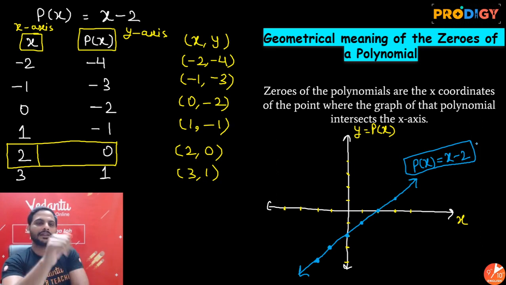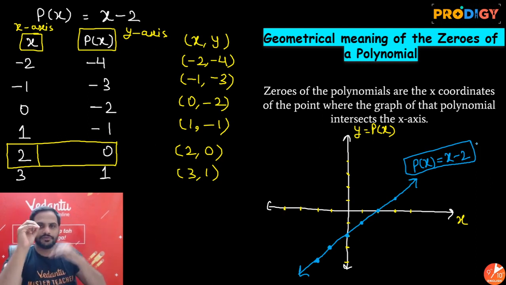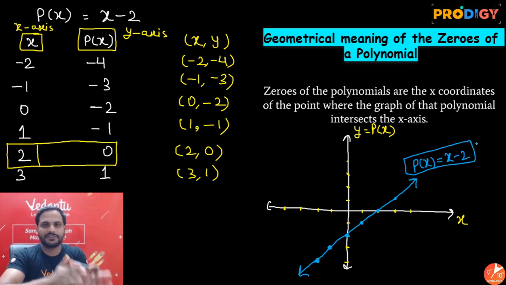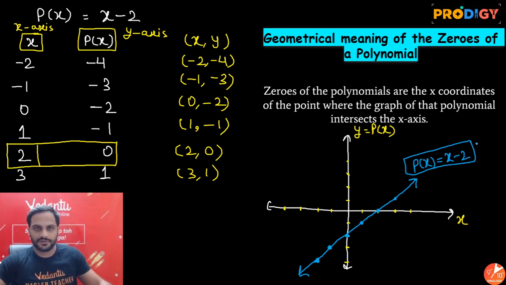When I asked you to find the zero of this polynomial by looking at these values, what did you look for? You looked for those values of x for which P(x) is equal to 0.